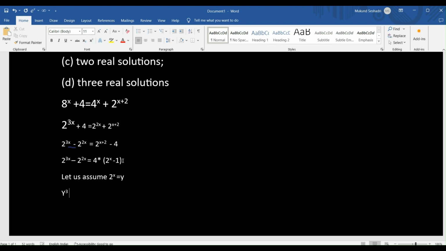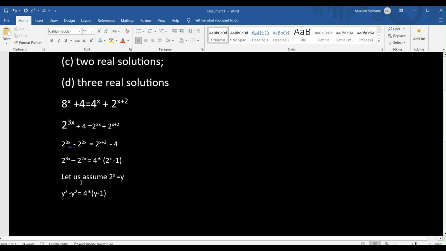And then I have 2 to the power 2x, which is nothing but 2 to the power x the whole square, which becomes my y square. And that becomes equals 4 into y minus 1, right?